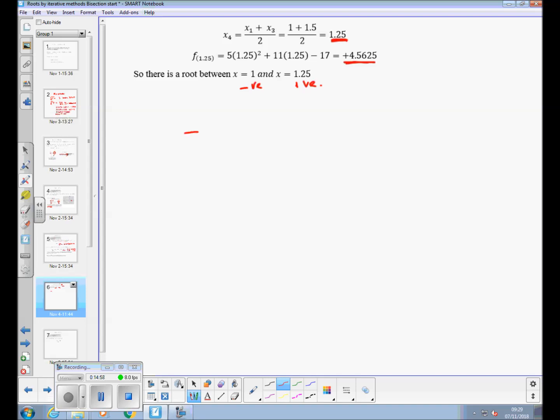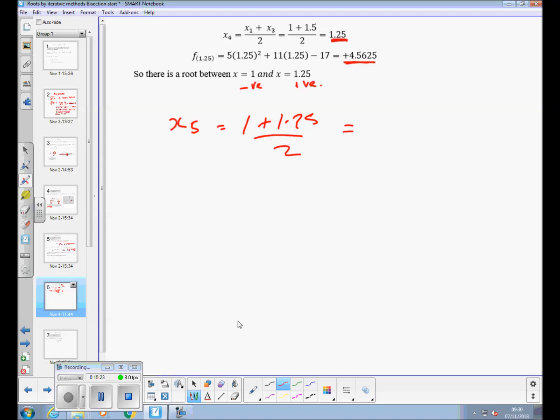So the fifth guess is equal to 1 plus 1.25 over 2 equals.